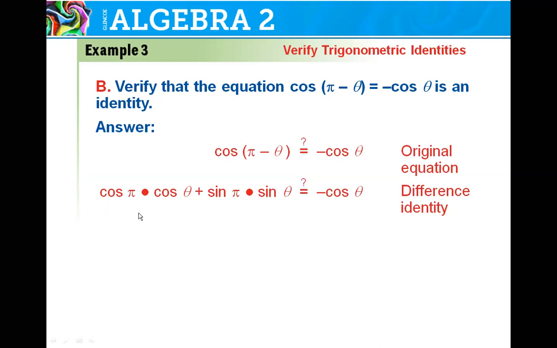So we have here negative 1, cosine theta as it is. Sine pi, sine 180, equals what? 0. Excellent.